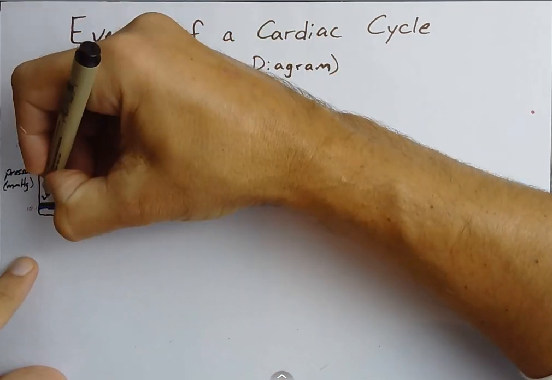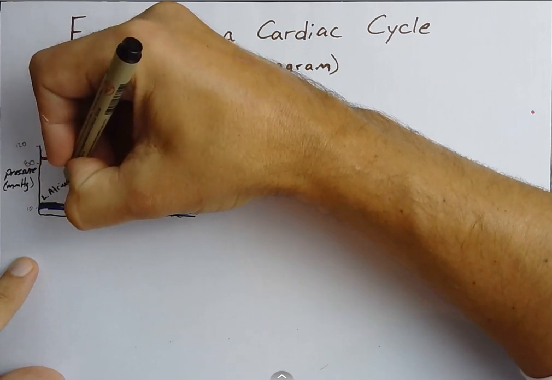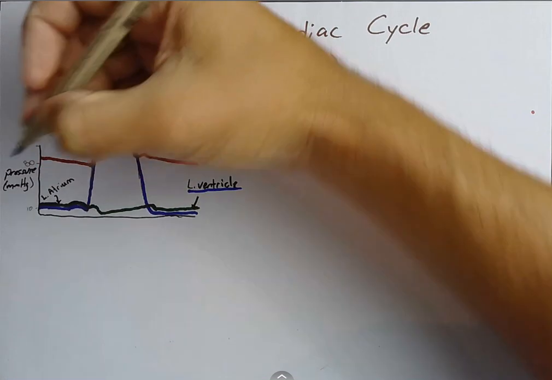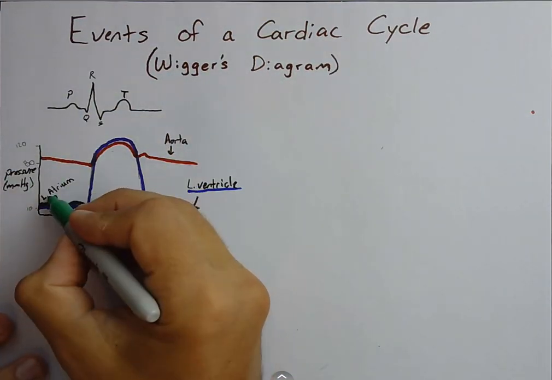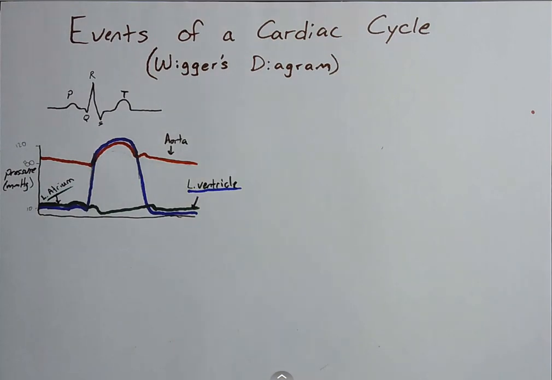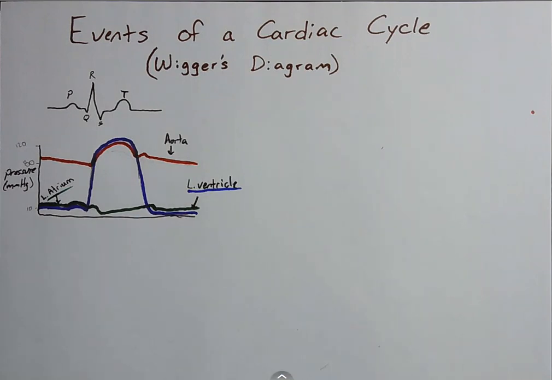So let's put that in over here, and we'll go ahead and underline that green so that you guys can keep your color codes all lined up. This is what the pressure portion of the Wiggers diagram looks like.